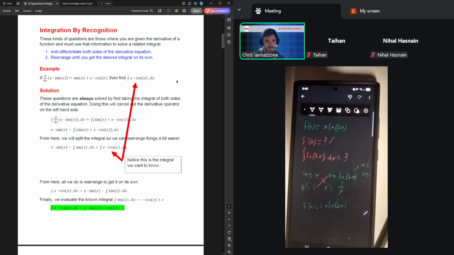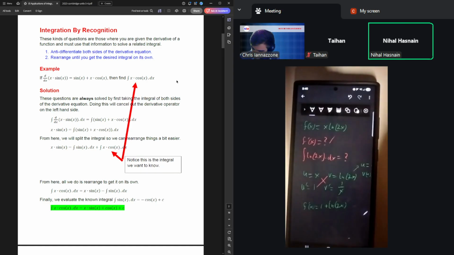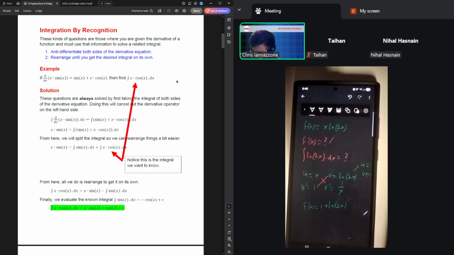Our starting point does look a little bit different to what's in the question. We can set it equal to each other and find the integral of both sides. Yes, we're integrating both sides of the derivative equation.